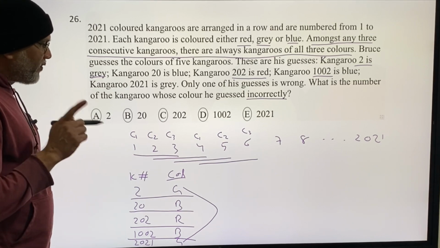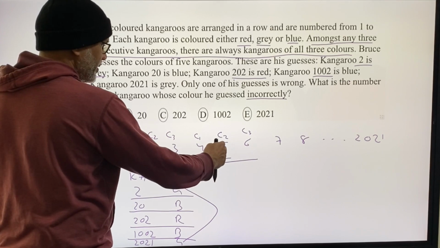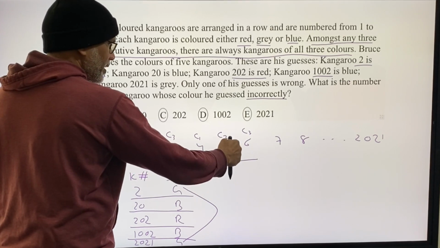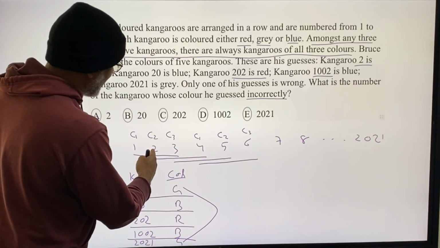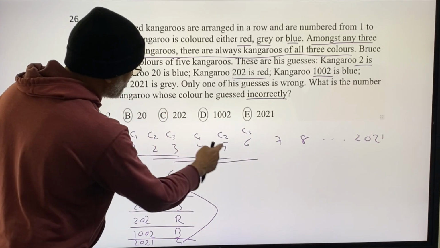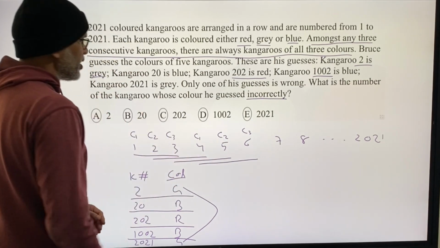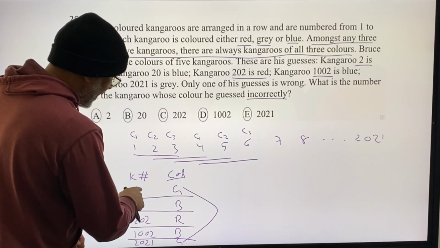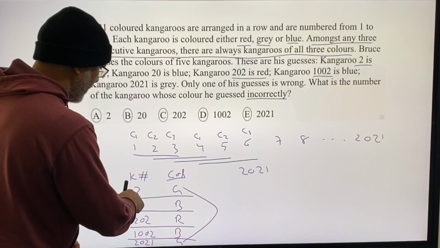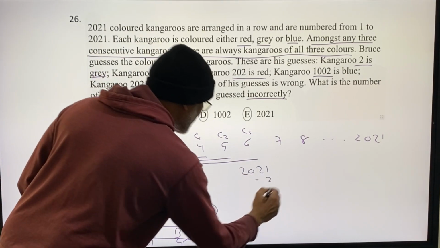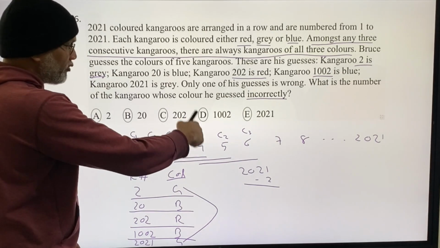So the way we can find out is, from wherever we end, every third from that has to be the same color. For example, if I end here, every third, 1, 2, 3 has to be the same color. If I end here, every third, 1, 2, 3 has to be the same color, right? So if I end at 2, then 2021 minus 2, that number has to be divisible by 3, right? Then it will be in that pattern.